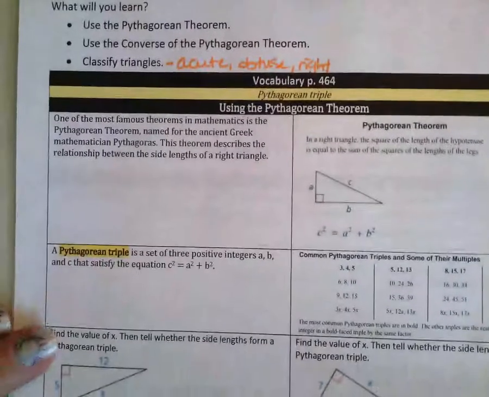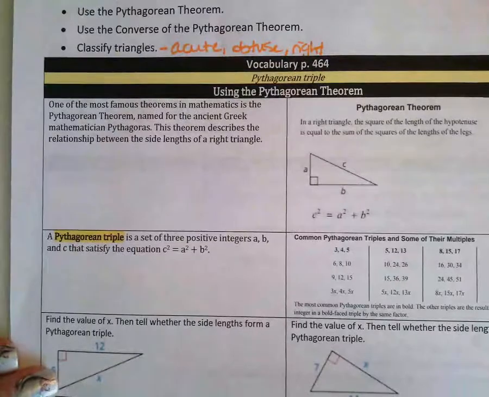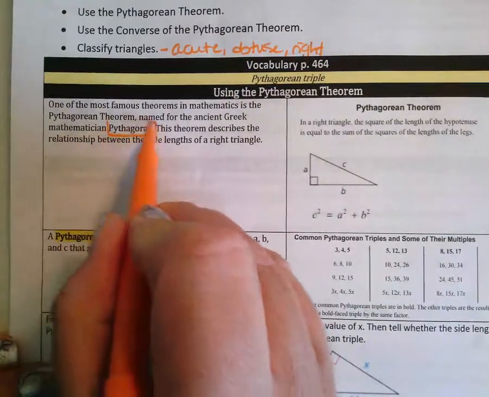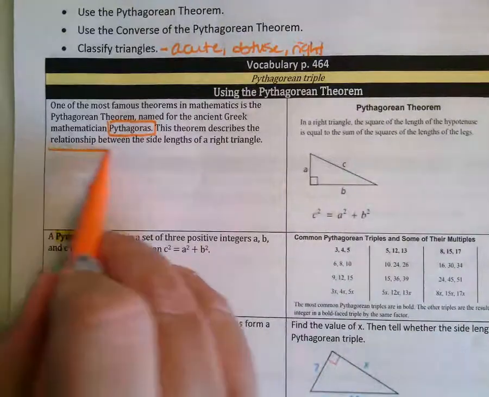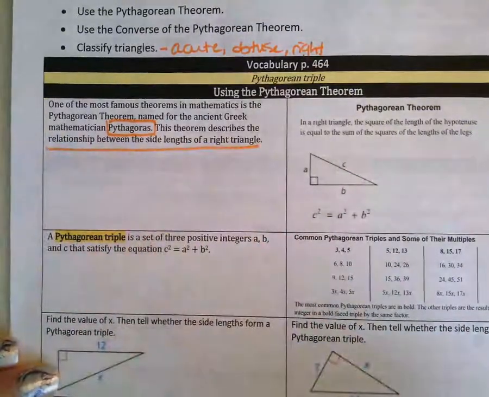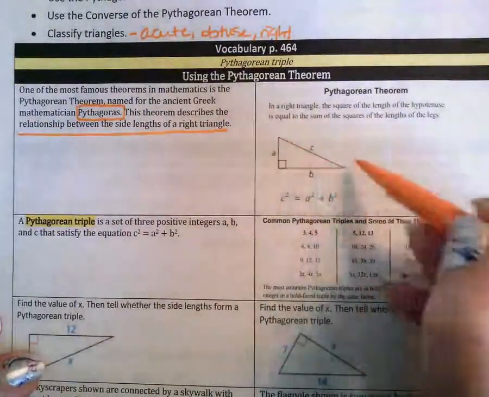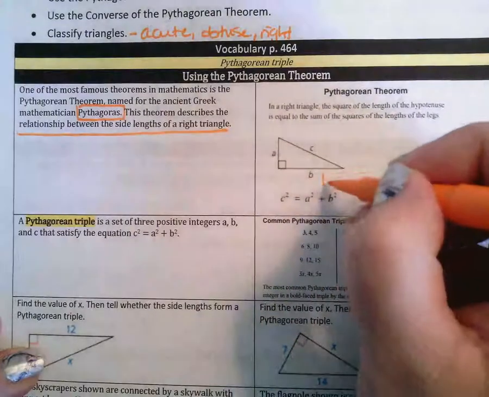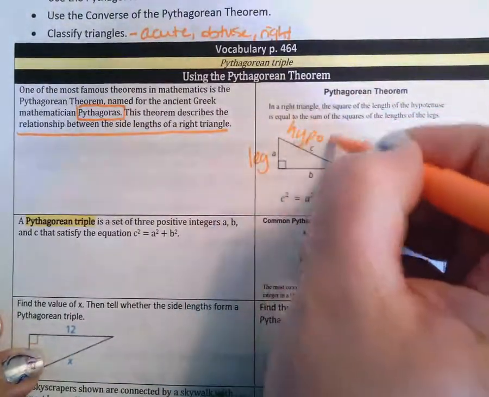Again, one of the most famous theorems in mathematics is the Pythagorean theorem. It is named for a Greek mathematician named Pythagoras, and it describes the relationship between the side lengths of a right triangle. So you have your legs and your hypotenuse.